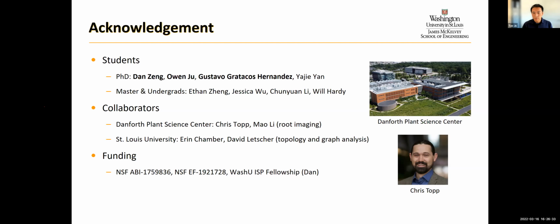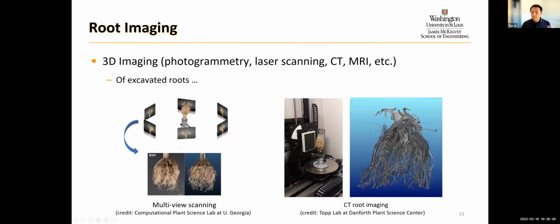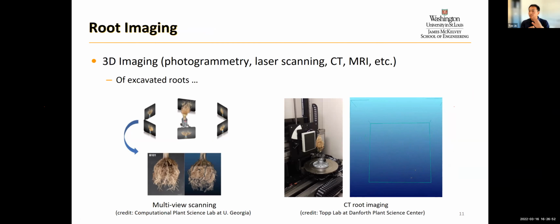Okay, so the images that we use are 3D images. This is the input to our method. So we don't have problems like occlusion as in 2D imaging. In 2D, you do have branches covering another part of a branch, and you have a problem with occlusion, but we don't really have that occlusion problem.